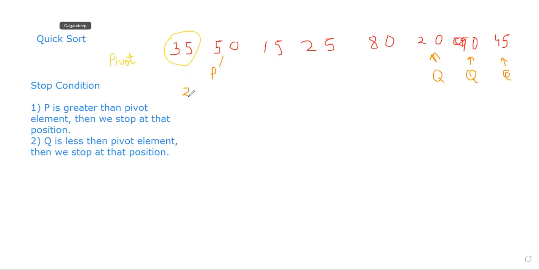So the new values become 35, 20, swapping of P and Q, 15, 25, 80, 50, 90, 45, right?